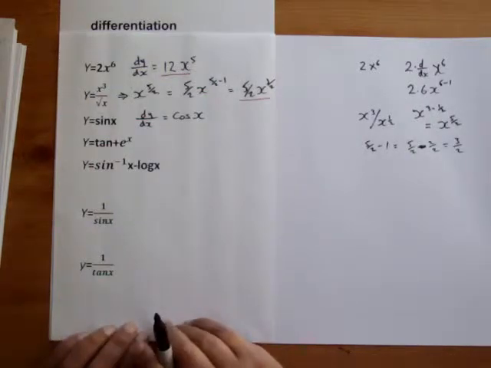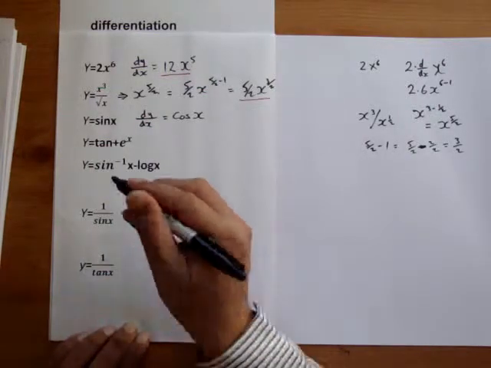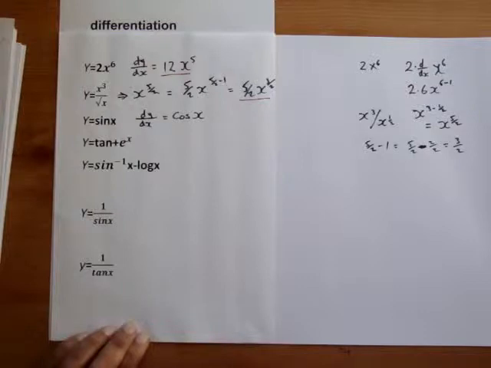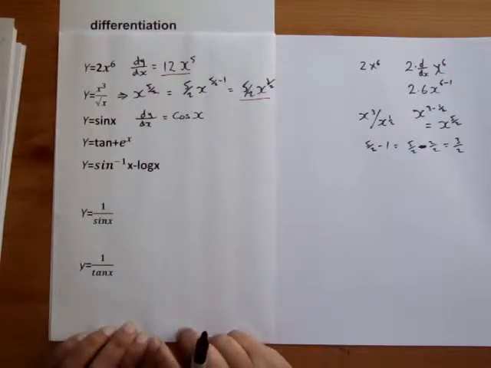Now the next one, y equals tan x plus e to the x. This rule in differentiation, if we have a positive or a negative between two functions, we simply take the derivative of the first function and then add or minus the derivative of the second function.